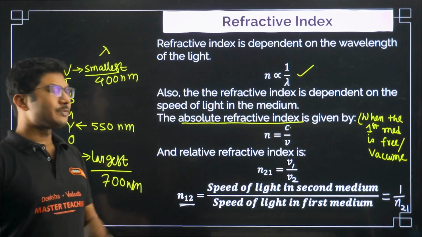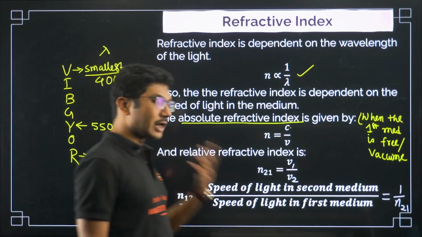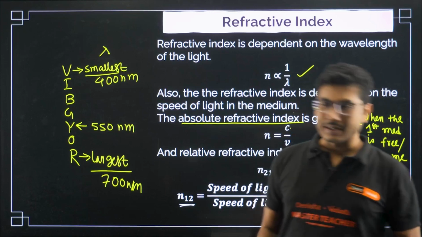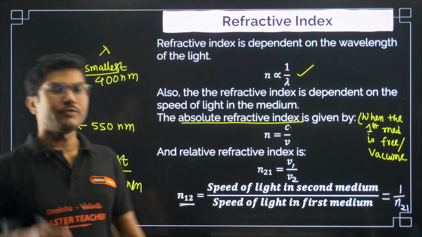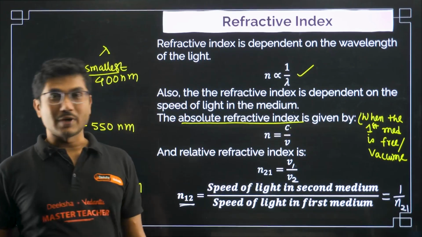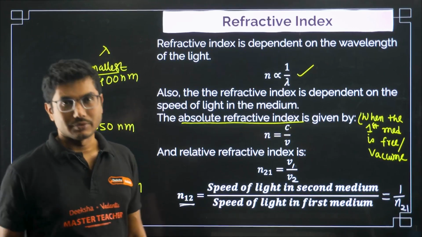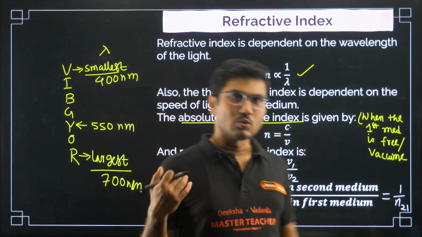So if the refractive index of water is 1.33, the refractive index of air with respect to water will be 3 by 4.